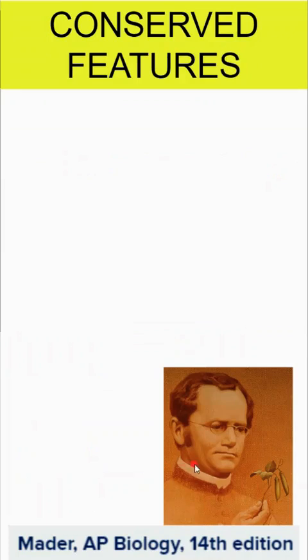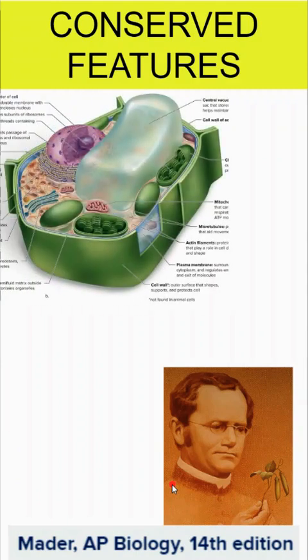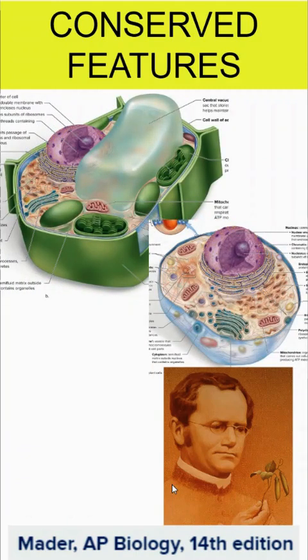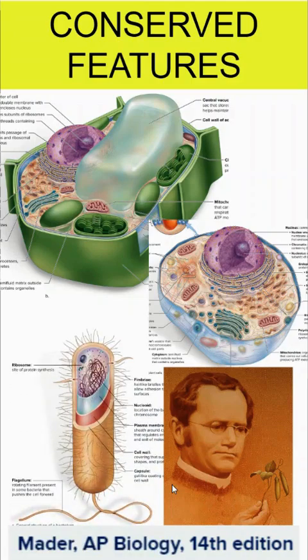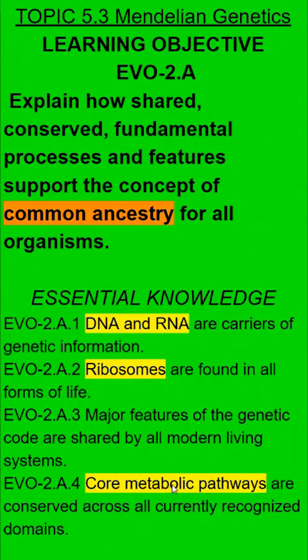So, although Mendel focused on his pea plants and looked at inheritance, there are many features that are conserved through all forms of life. DNA, RNA, ribosomes, and core metabolic pathways support the concept of common ancestry.